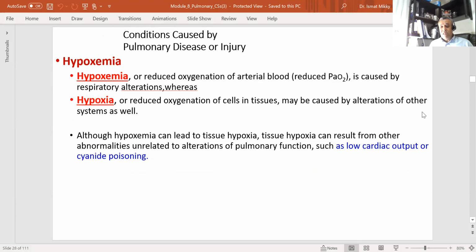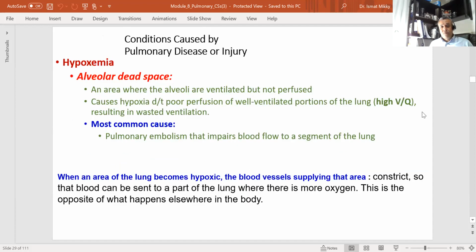Hypoxemia, so this is the distinction or the difference between hypoxemia and hypoxia. And alveolar dead space, I also provided a definition for that in one of the previous slides.